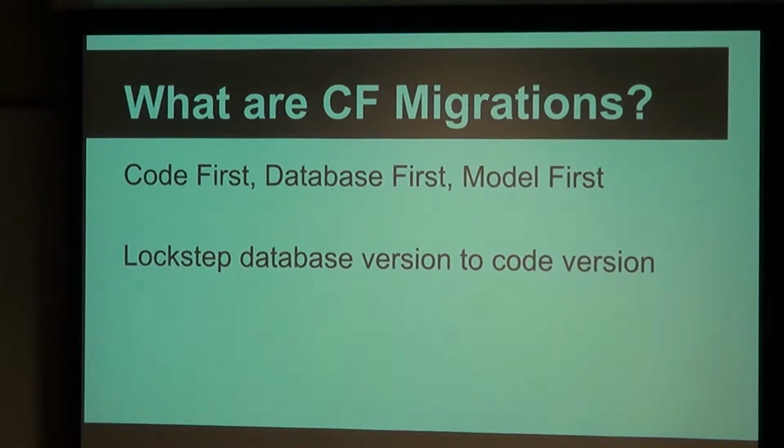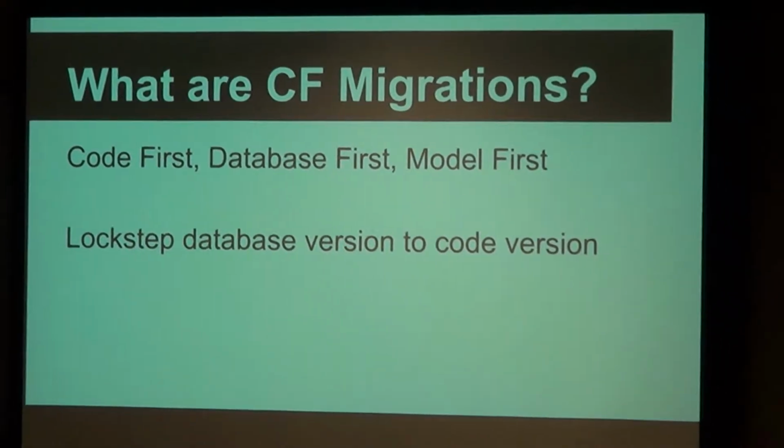There's model first, so if you like dragging around diagrams, you can create your database that way, and then it'll create it. But code first is kind of where Entity Framework is going, and Entity Framework 7, that's not out yet, is much more heavily invested in code first.